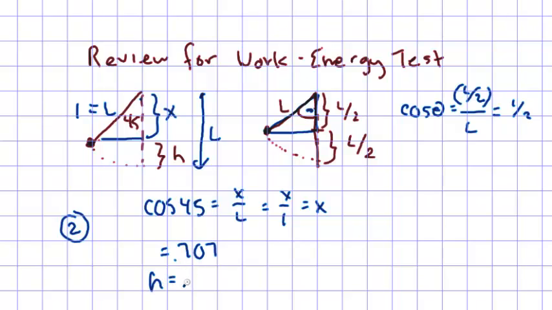So what would that be? 0.293. Okay. And then you can compare this h, 0.293, versus this h over here, which is a half. And a half is obviously much bigger than 0.293.